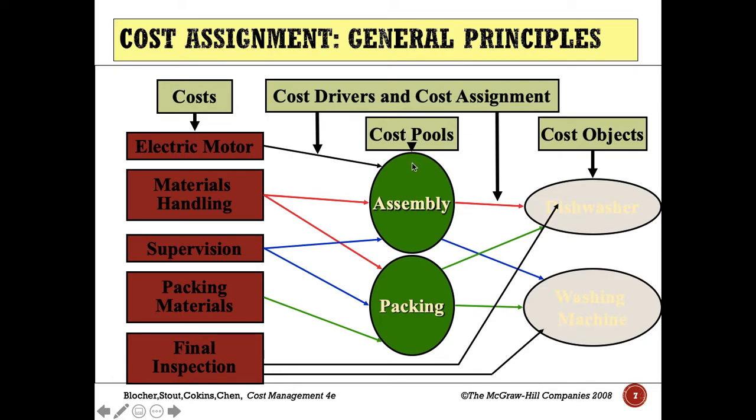And then the example of cost pools here are assembly and packing. And then the cost objects here are dishwasher or washing machine.